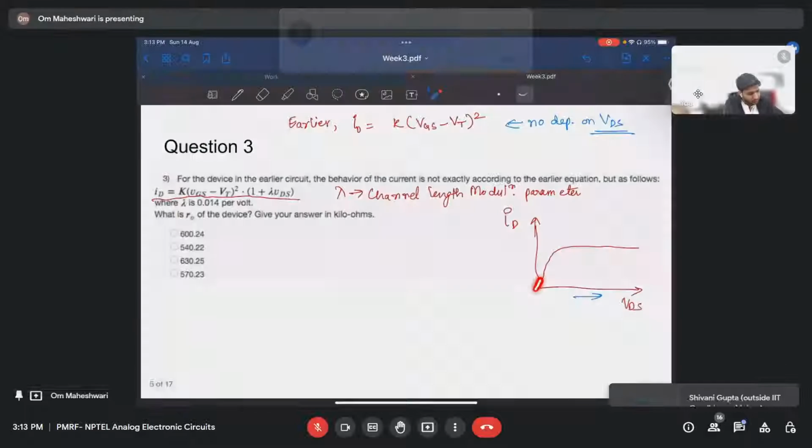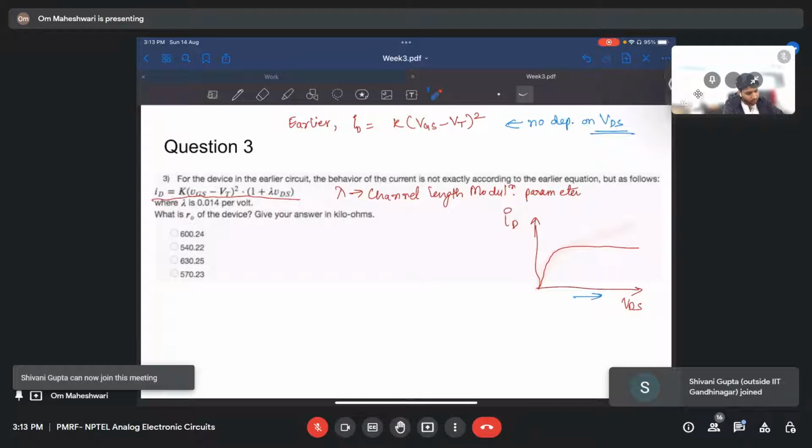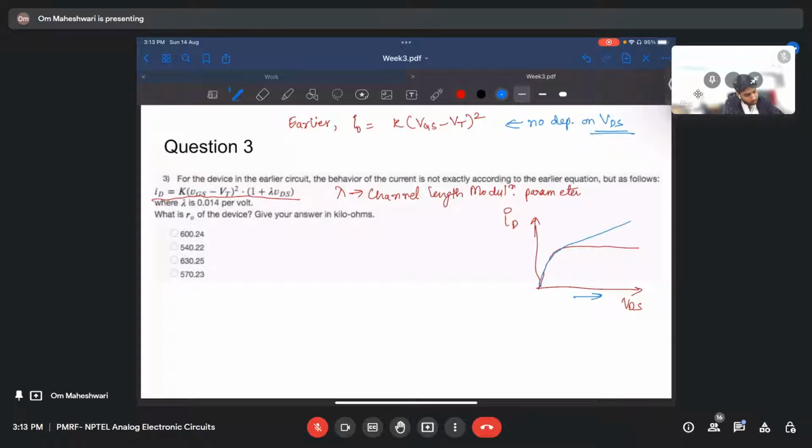So now our curve would be something like this, right? Let me draw it like this. Now our current is varying with VDS. It is not constant anymore. It is due to this factor lambda. We talked about R naught also.